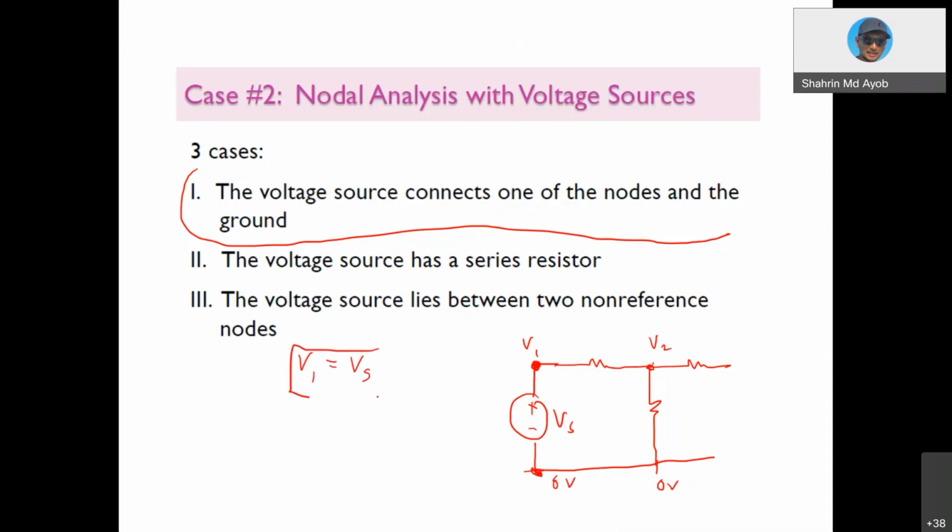If you meet this style of connection, just put V1 equal to your voltage source, because the voltage source equals the difference in voltage between V1 and 0 voltage. That's why we set the node voltage V1 equal to the voltage source.